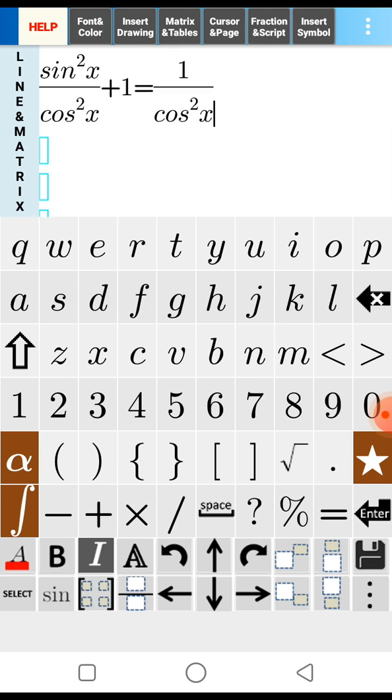Here we're going to find the lowest common multiple on the left hand side of this equation.